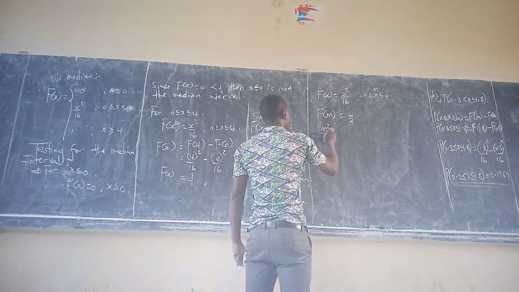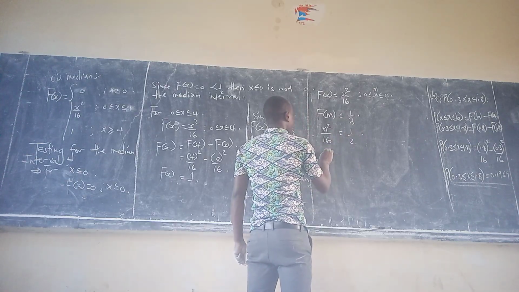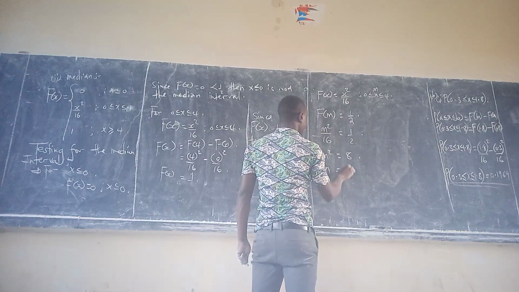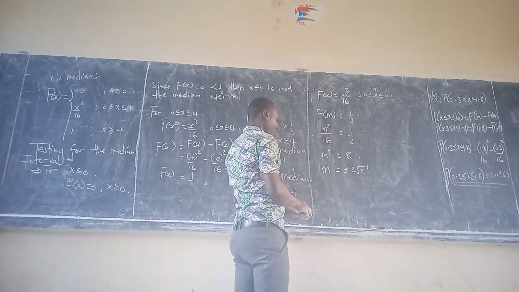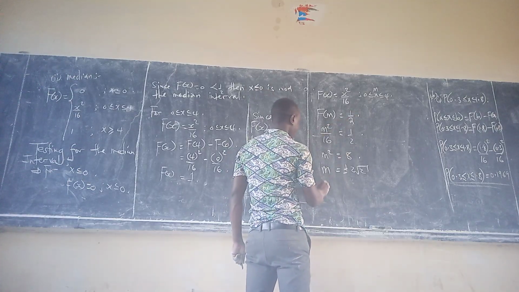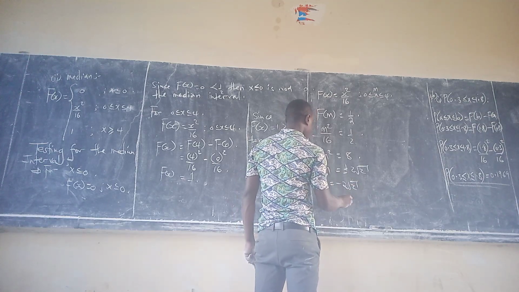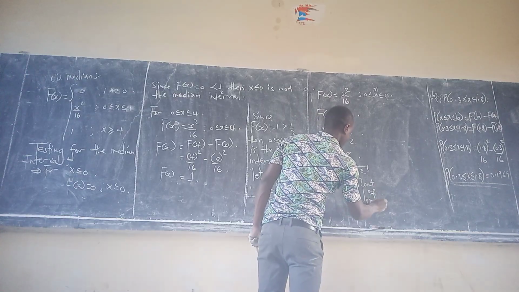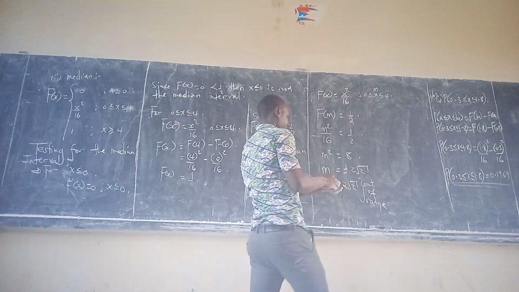We shall have m squared over 16 is equal to a half. So m squared is going to be 8 and m will be plus or minus 2 root 2. And because our median must be between 0 and 4, we have the values of m: negative 2 root 2, which is out of range since the median lies between 0 and 4.